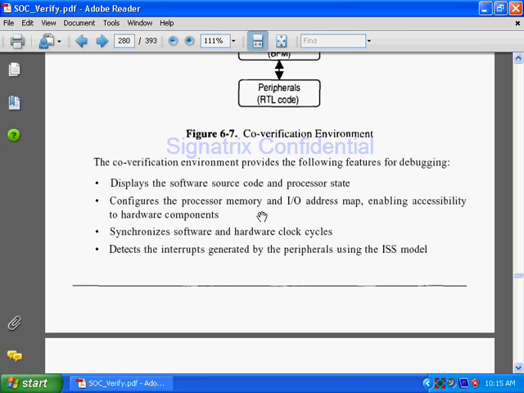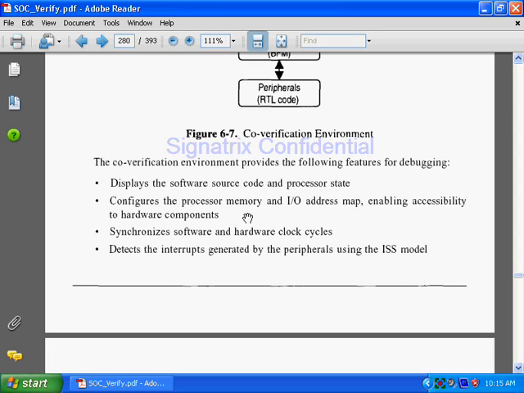So how will co-verification help in verifying or debugging? Okay. So the first statement they are telling is to display the software source code and processor state. So there are some displays available by which you can see the source code and in which state the processor is.